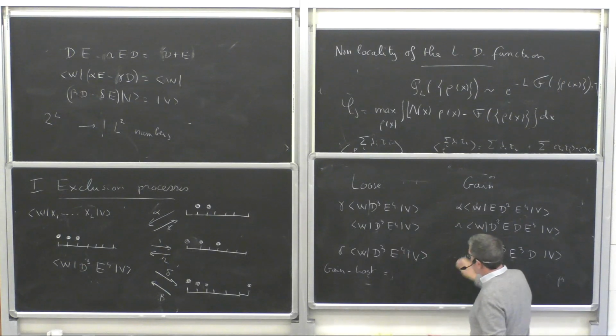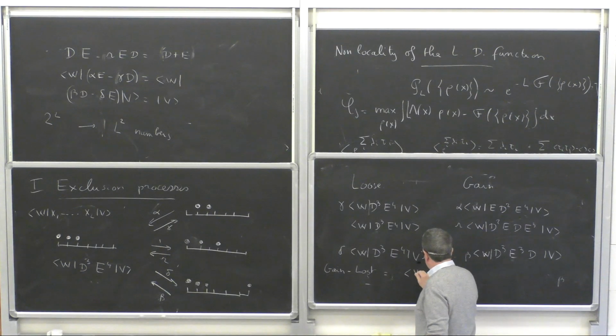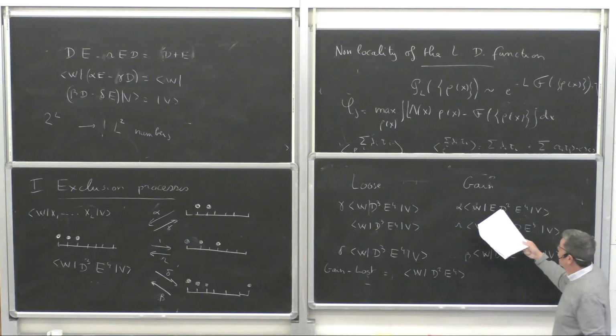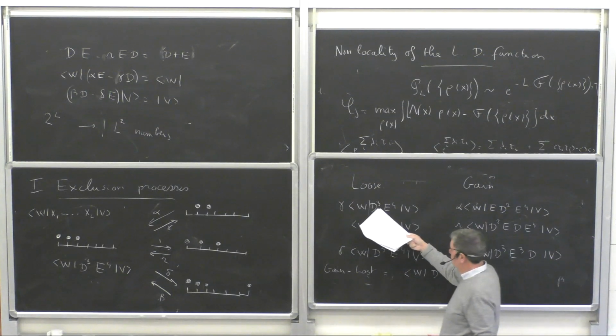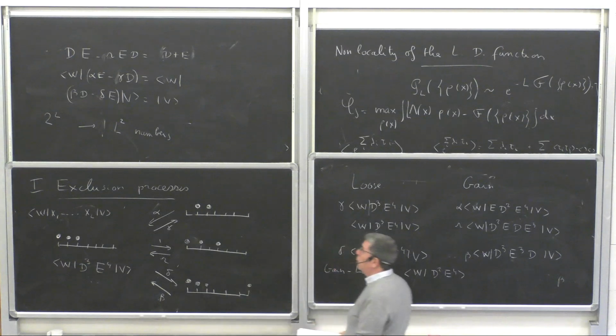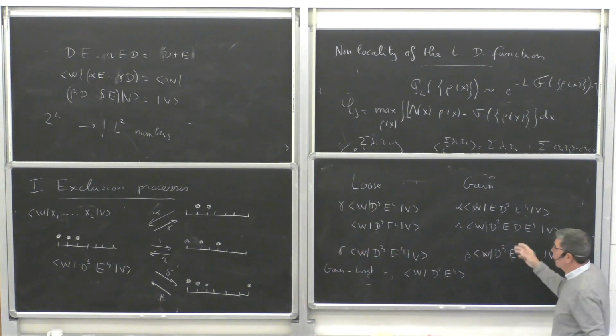So the first line gives me W d squared E4. Because you see, I am using alpha e minus gamma d, and alpha e minus gamma d, I know that it's just 1. So okay.